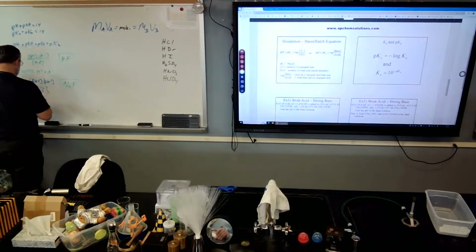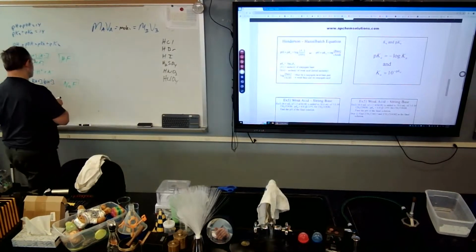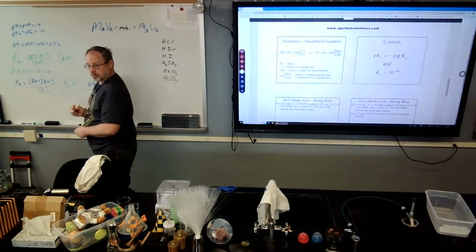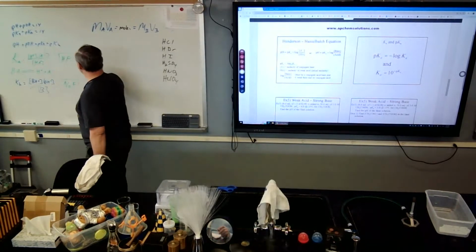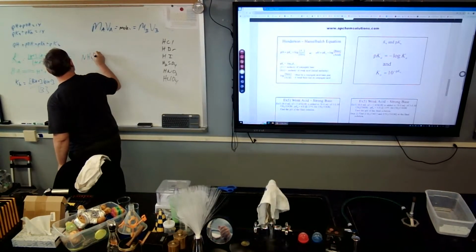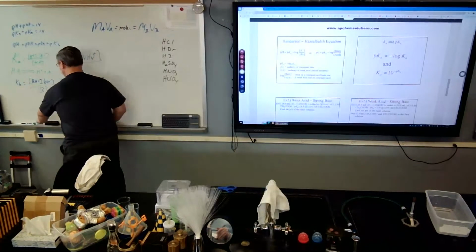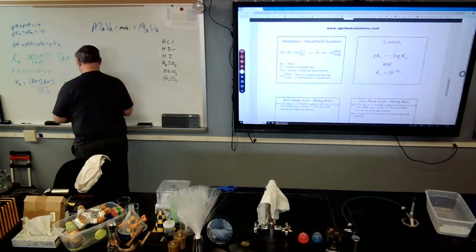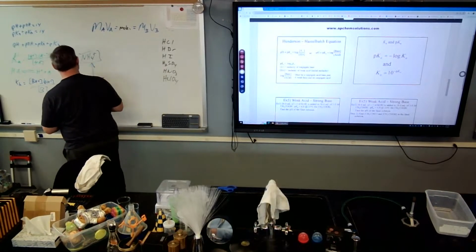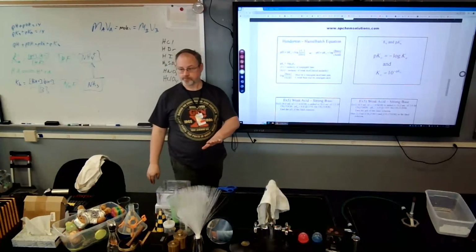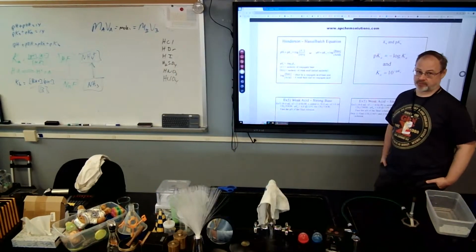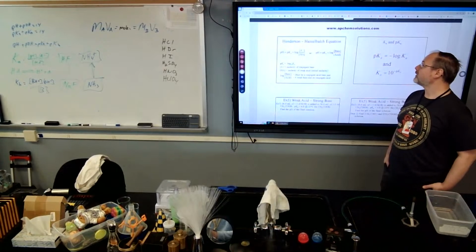And if you had the Kb for NH3, then you have the Ka for NH4 plus, because these are the conjugates. Cool?